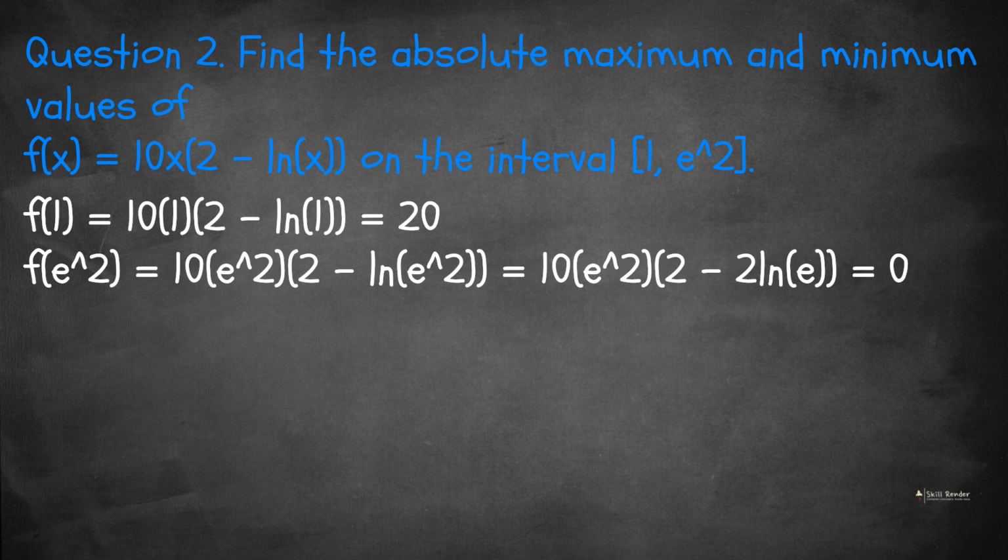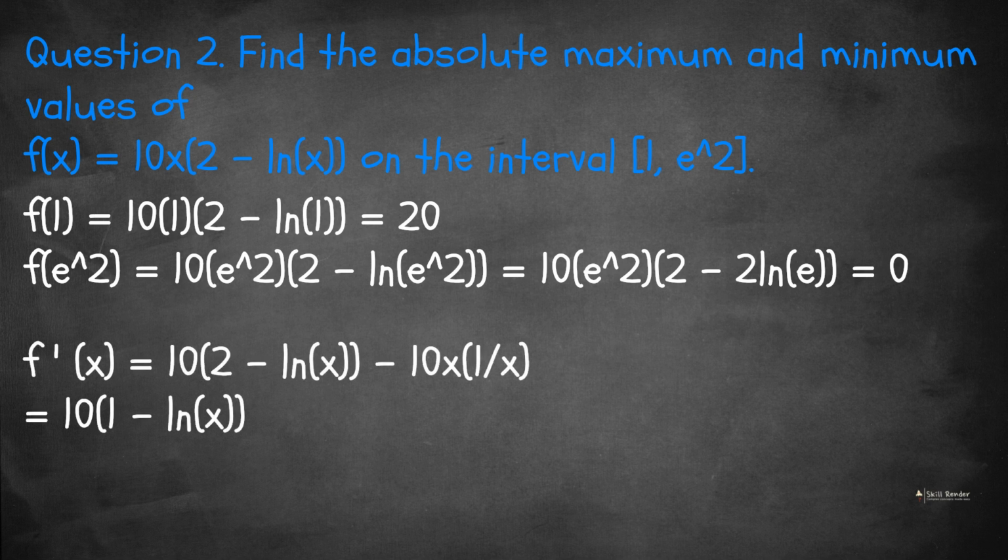To verify the critical points, we find the derivative of the function. Using the product rule, we get f prime of x equals 10 times 2 minus the natural log of x, minus 10 times x times 1 over x, equals 10 times 1 minus the natural log of x.